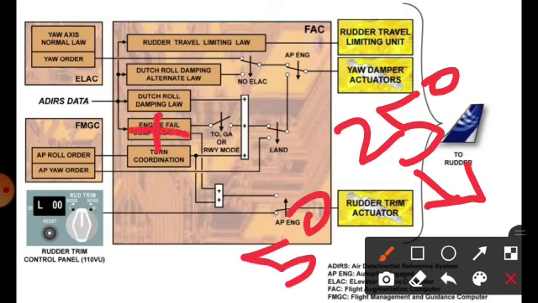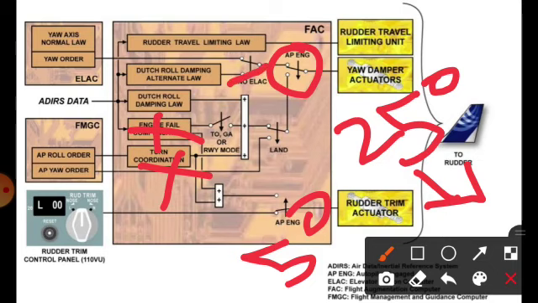Also these functions will not be available: engine failure compensation, turn coordination no more available, and also no autopilot will be available. This is very important. And this will come down like this.